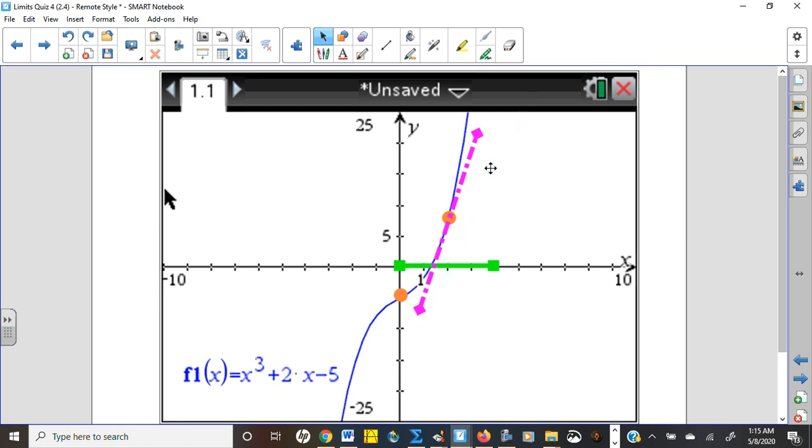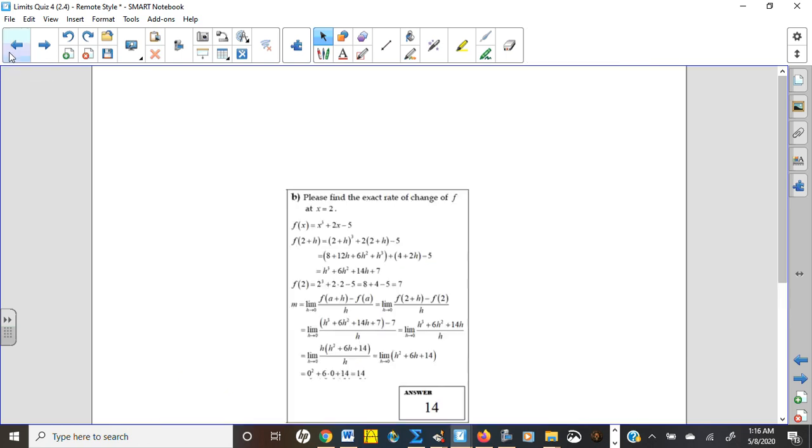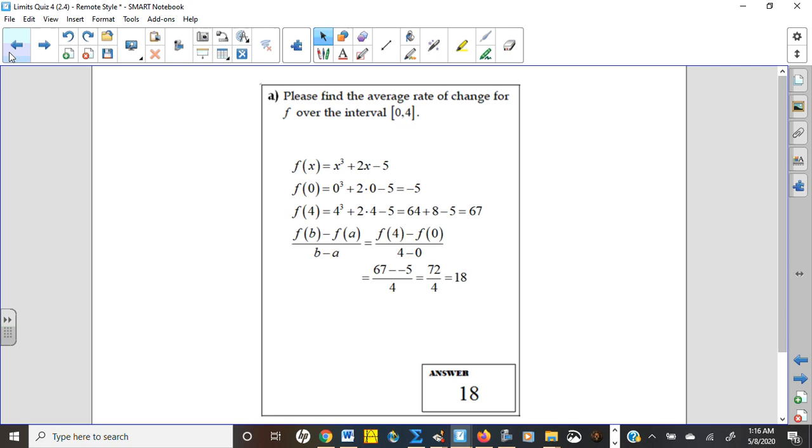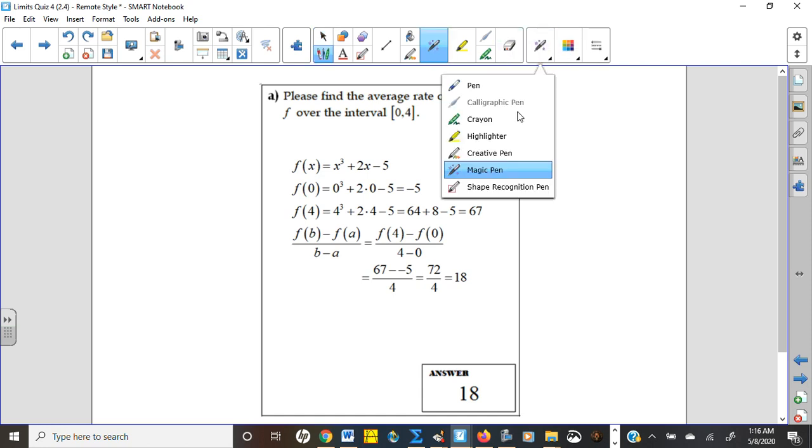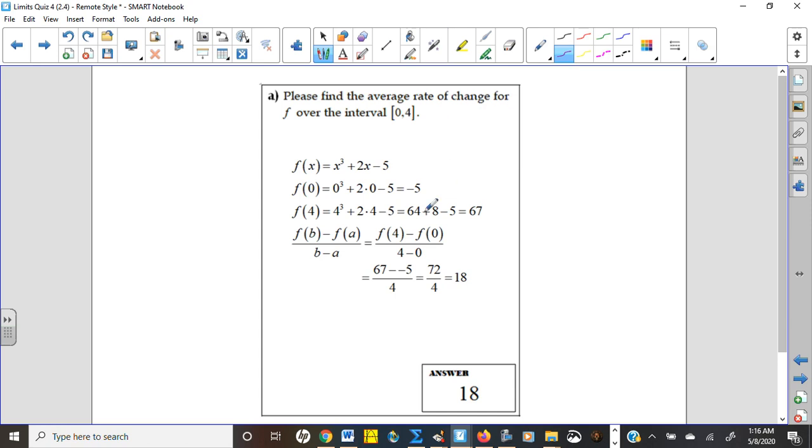We could easily have found the equation of this secant line, because we already had the slope was 18, and we already knew that the intercept was -5, because we found that at 0, the y value was -5. And so the equation of that would have been y equals 18x minus 5.